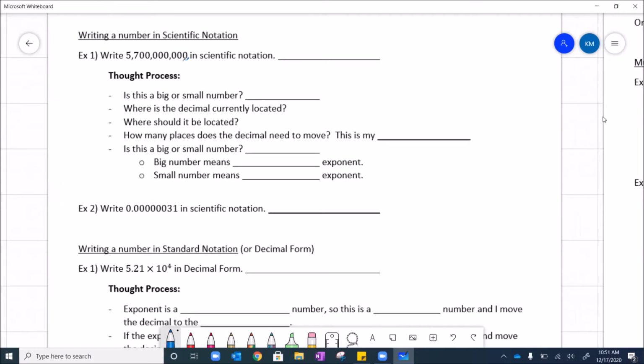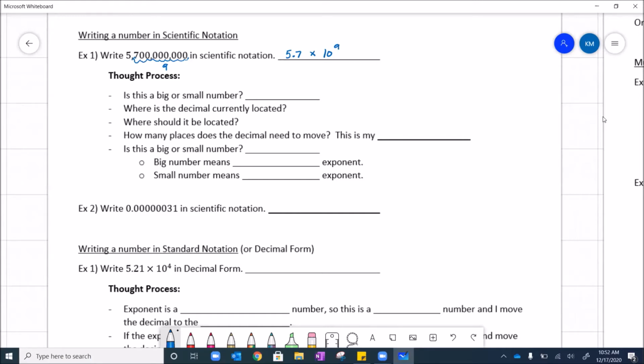So it's 1 space, 2, 3, 4, 5, 6, 7, 8, 9 spaces. Okay, I'll put that 9 there so I don't forget. So 5.7 times 10 to the, and then the spaces that I moved is my exponent, 10 to the 9.